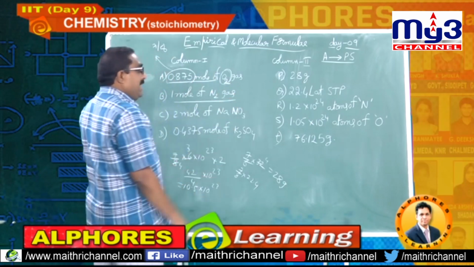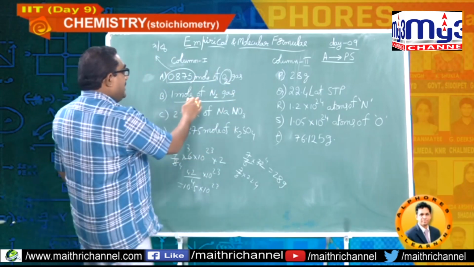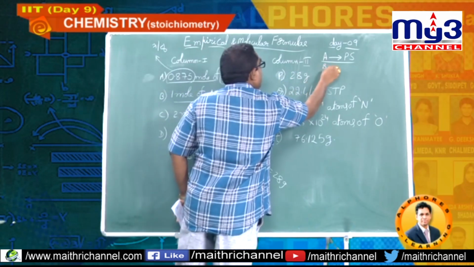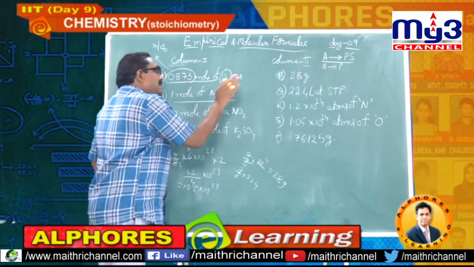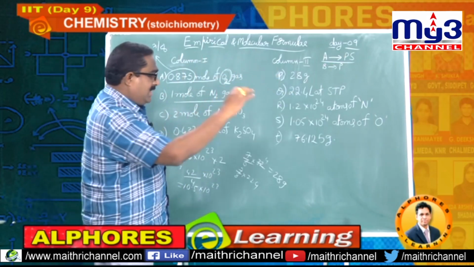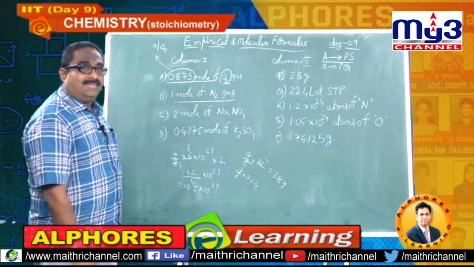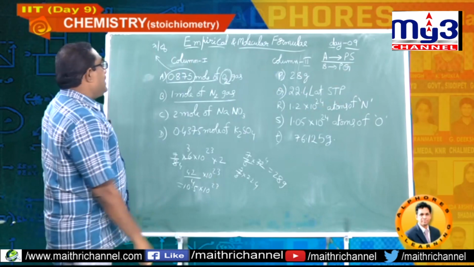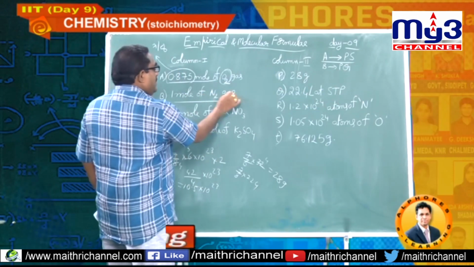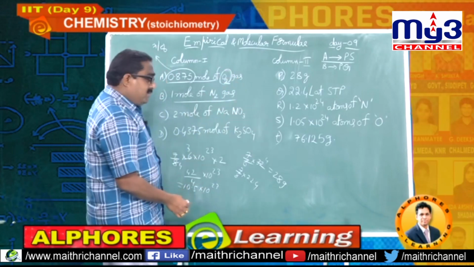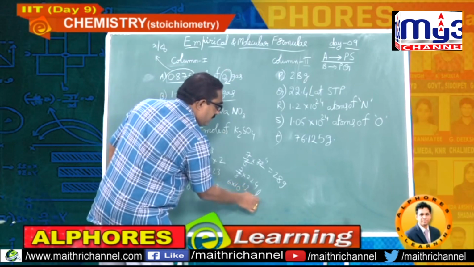1 mole of nitrogen gas. We know very well the molar mass of nitrogen is 28. So B is also matched with P. 1 mole of any gas at STP occupies 22.4 liters, we know. So B is also matched with Q. Note it down, students. Next, another option. 1 mole of nitrogen gas means 6 into 10 power 23 molecules.